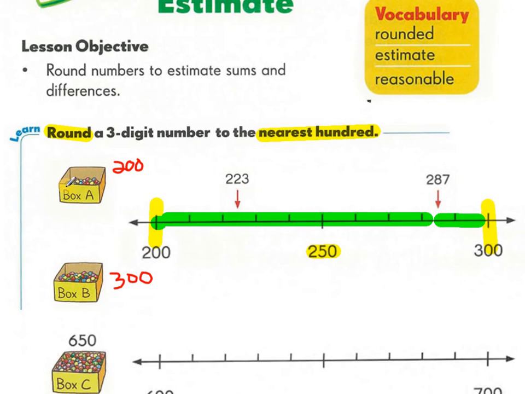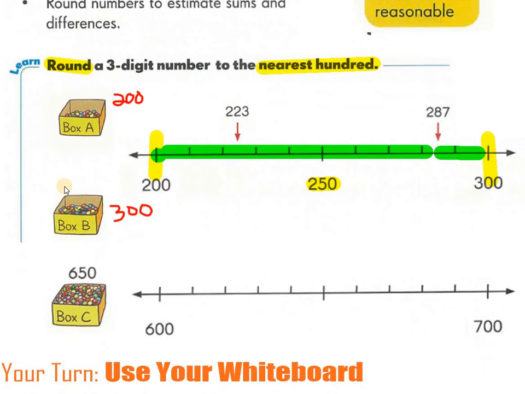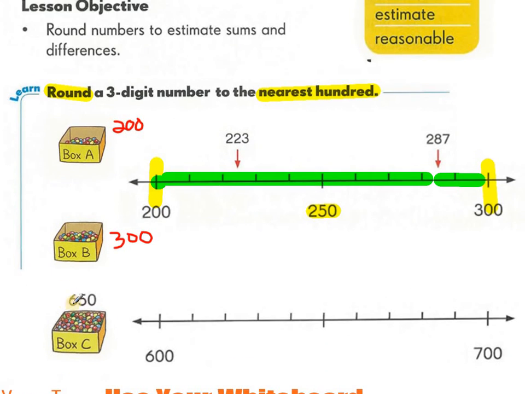I want to round the next box, and this box says 650. Well, I can't put 650 on this number line up here because this number line only goes from 200 to 300. So I'm going to use a different number line. I can see that there isn't a 50 on this number line, but I think it would be right about there.